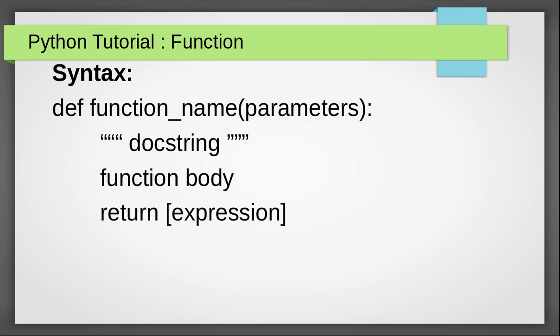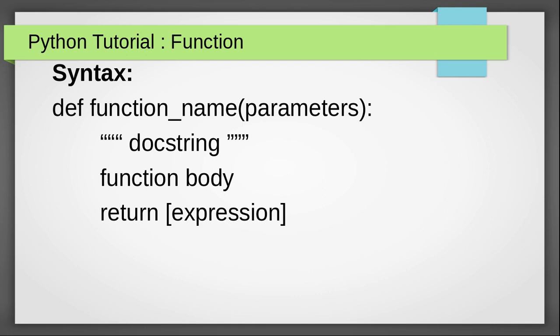When you write a function name, it should be related to your problem, so that it helps us identify the purpose of that program. The third part is parameters.